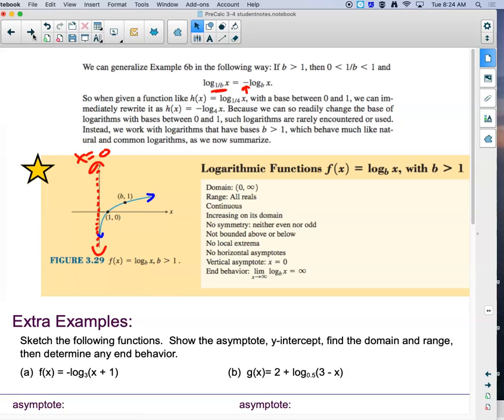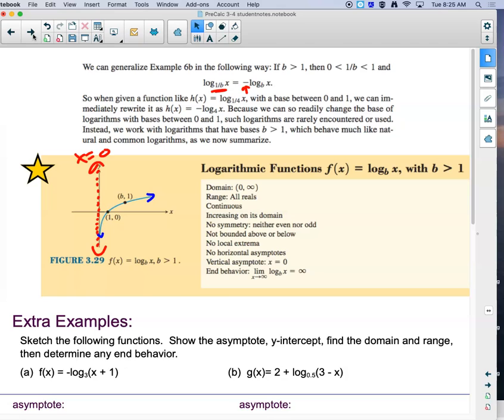It is also increasing over its entire domain. There isn't any symmetry, and it's not bounded above or below. There's no local maxes and mins, and there's no horizontal asymptotes. So there's a whole lot of stuff we can put no and none for logarithmic functions. But our vertical asymptote, really important that we know that that's a vertical asymptote. This graph does not stop. Even though our graphing calculator does not show the arrows, it does not stop.